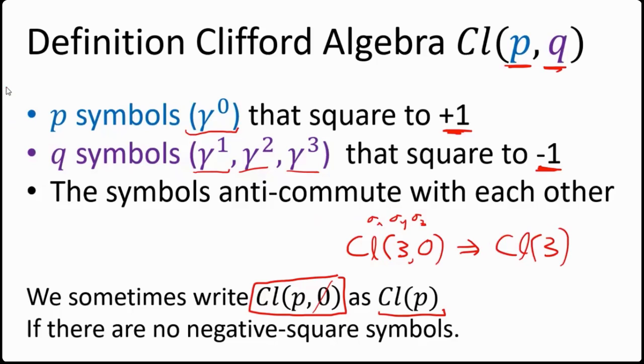Actually, you can also switch them the other way around and you'll get an isomorphic Clifford algebra. So it doesn't matter if you write P,0 or 0,P, because CLPQ is isomorphic to CLQP. Okay, I didn't know that.